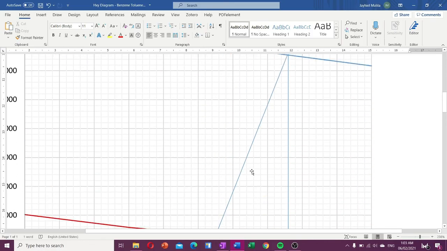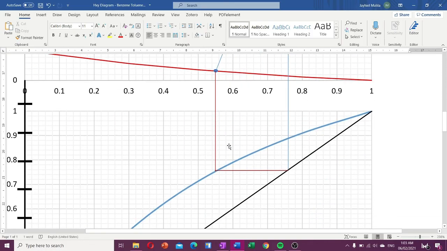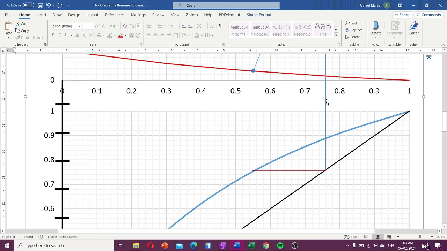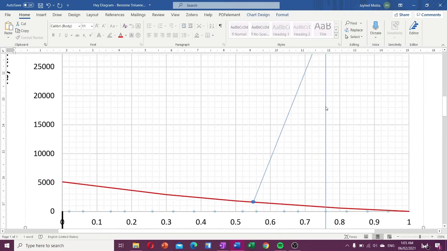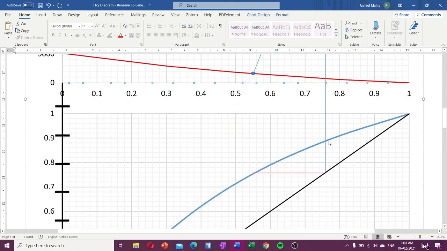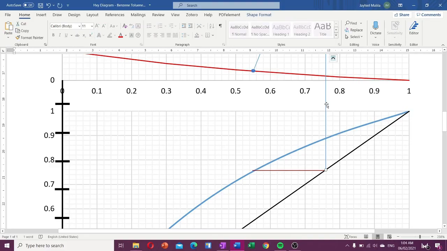That's what it meant in the second step. This is only a guide for the tie line, so we don't really need it here. I think I can delete the lines, because we are going to make more lines later.